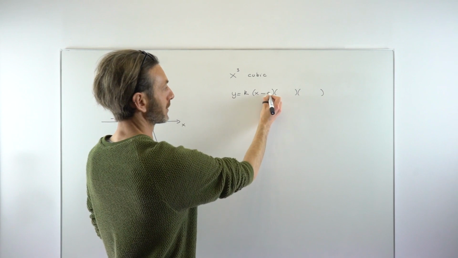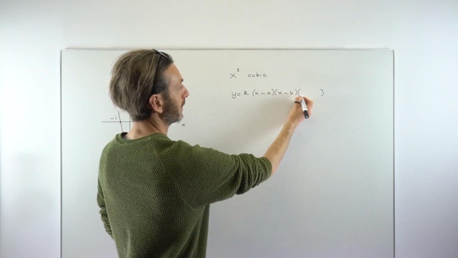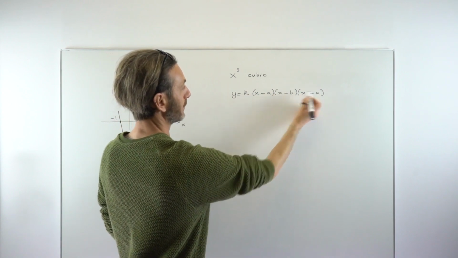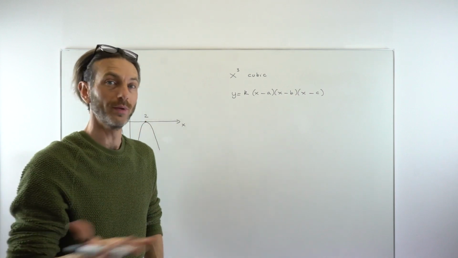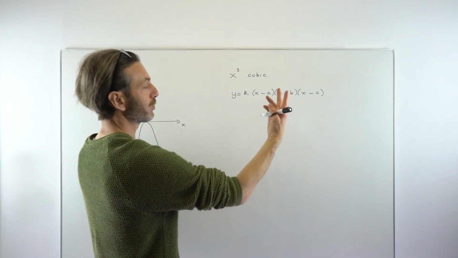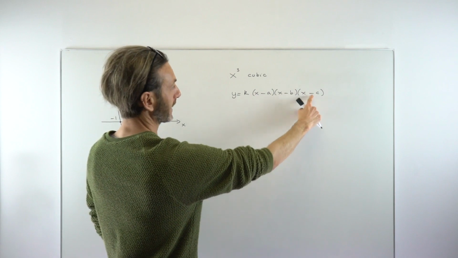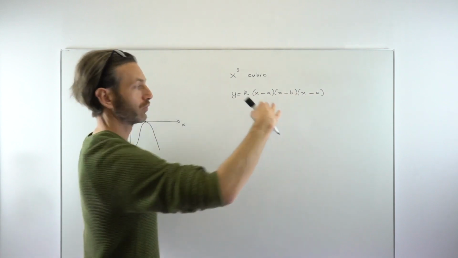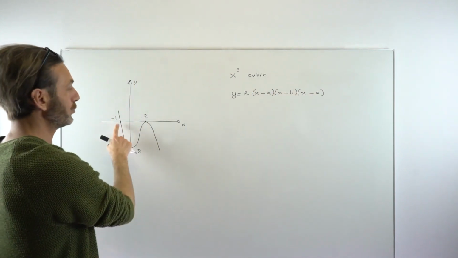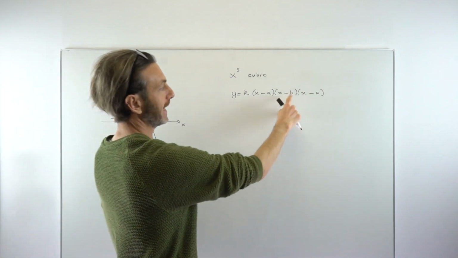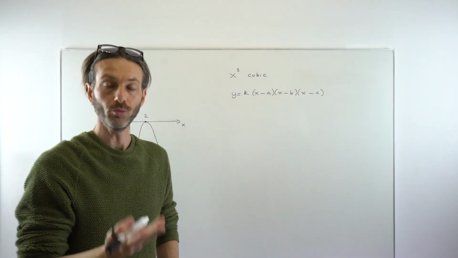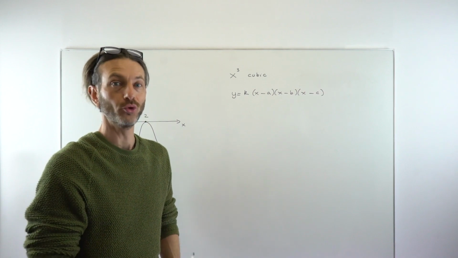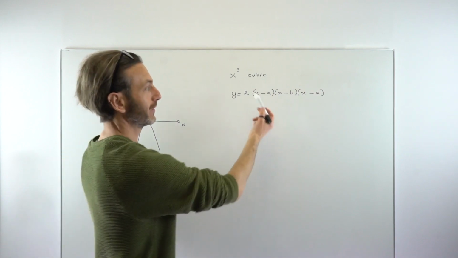So the general form is going to be something like this. 3 brackets, potentially some number in front, which is often a 1, but it can be something else. But the other important point is that each of these brackets, each of these factors, relates to one of the roots. And essentially the a, b, and c value reflect the root points on the graph. And that's always true for polynomial functions in their factorized form.